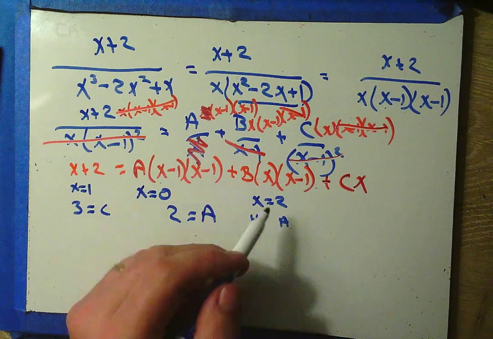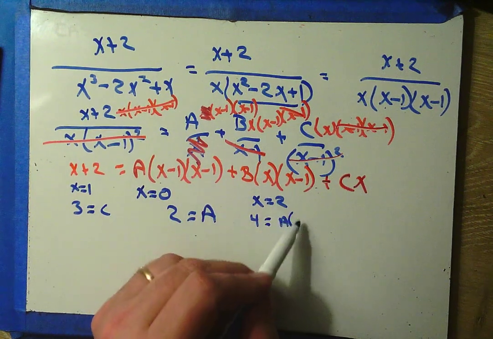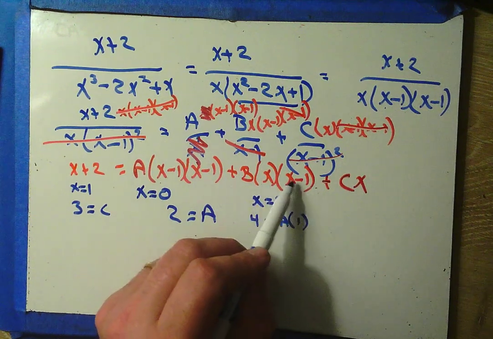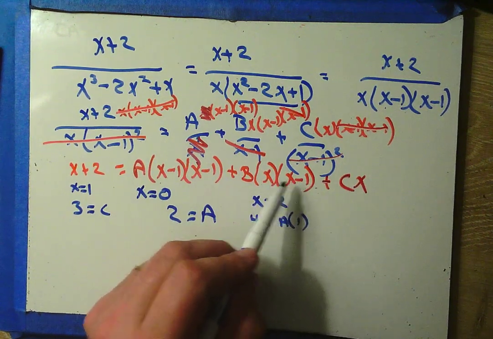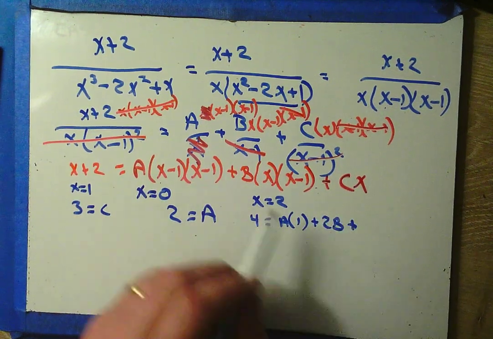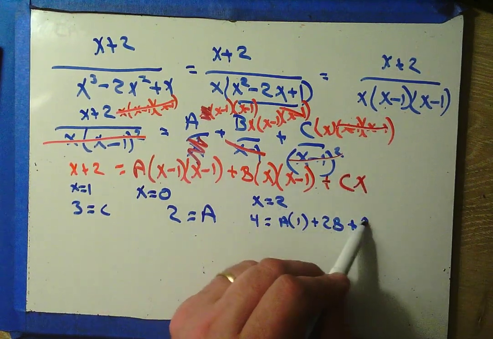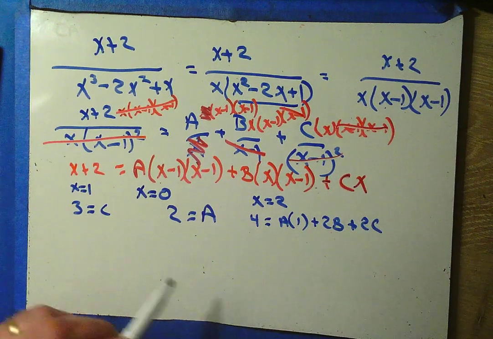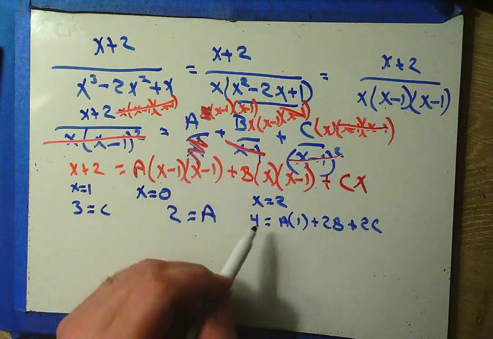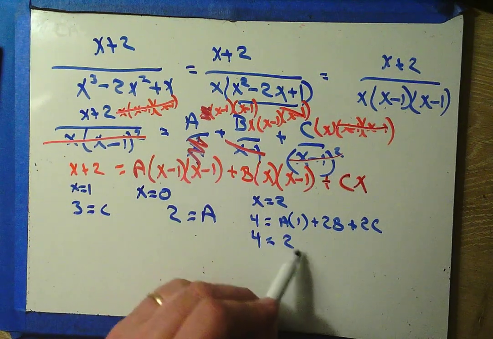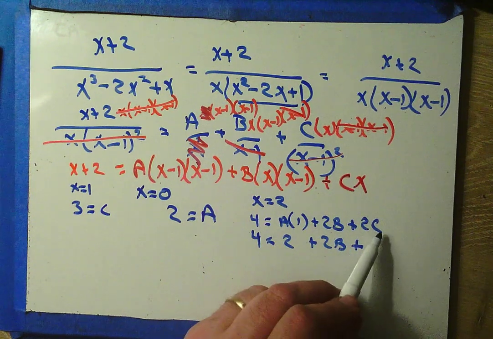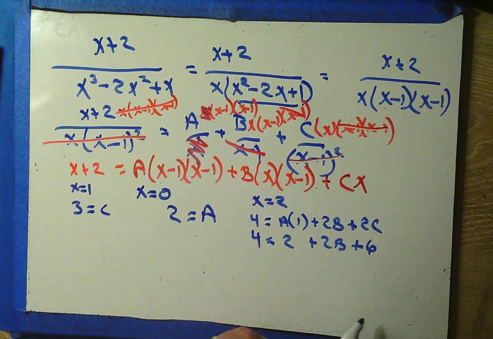Oops, that's an equal sign. So really I'm just multiplying that by 1. 2 times 2 minus 1. 2 minus 1 is 1, so 1 times 2 is 2b. And then we're plugging in a 2 for x, and we get 2c. So let's plug in what we know. We know a equals 2. We know c equals 3. 4 equals 2 plus 2b plus 2 times 3 is 6.